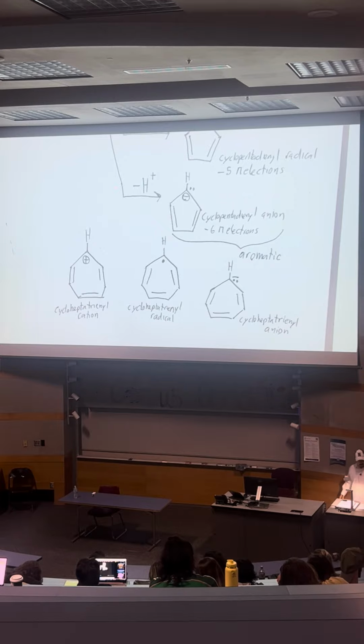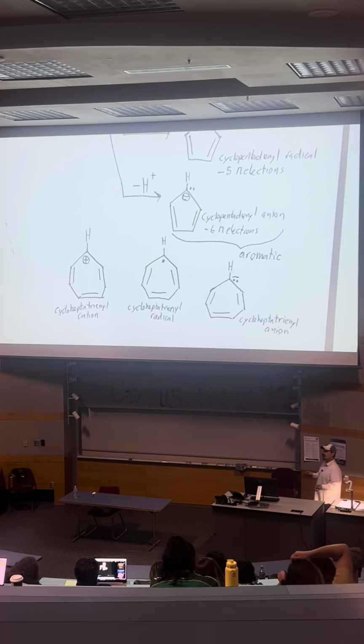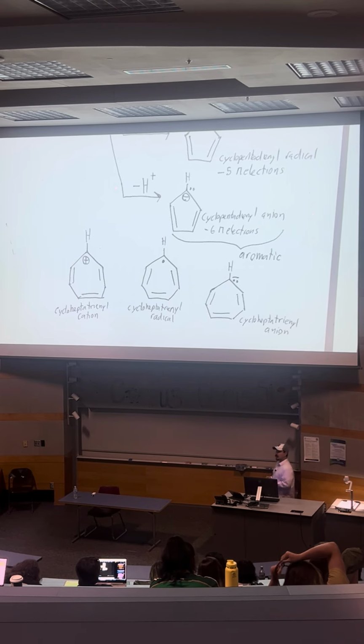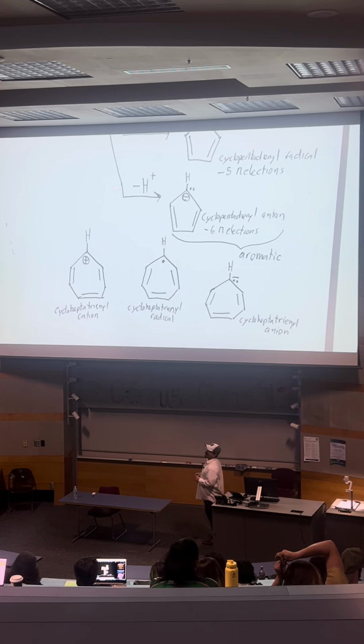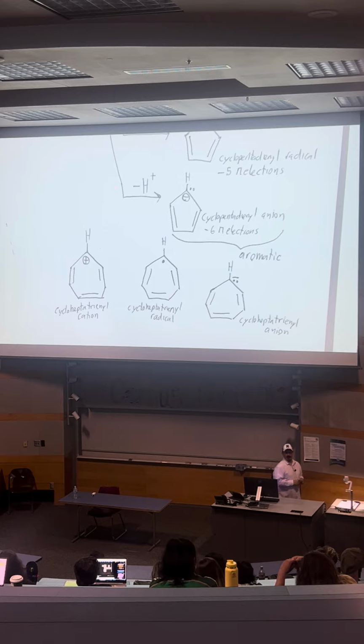Now, applying what we learned from the previous example of cyclopentadiene, which one of these is the aromatic variant? The first one, the second one, or the third one? Somebody say the first one. This one, the third one. Got 2 for the first one now.